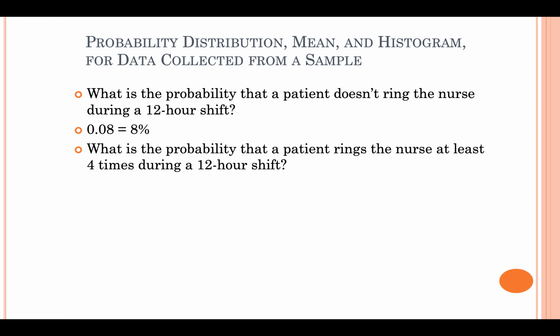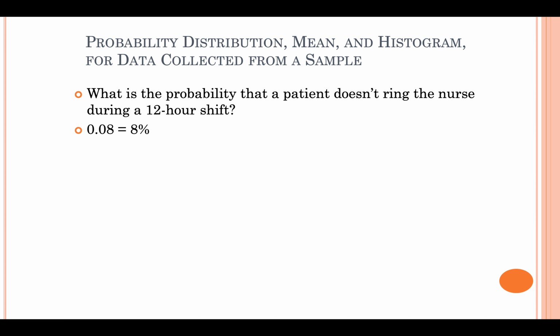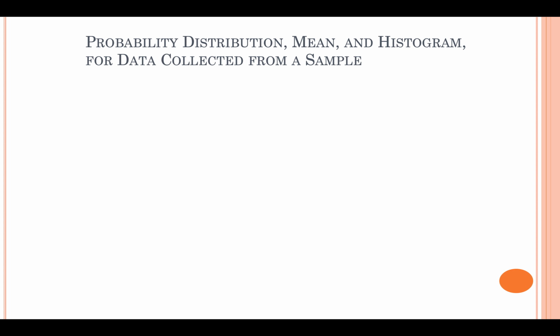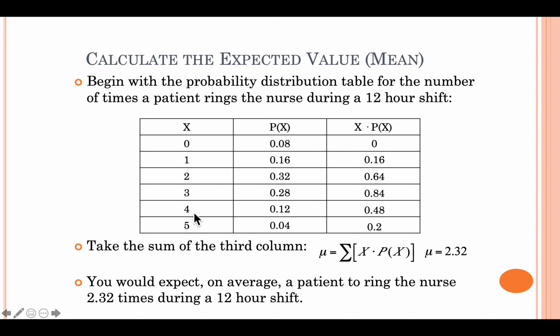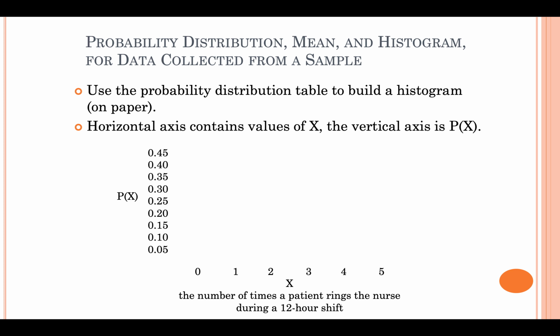The probability that a patient rings the nurse at least 4 times during a 12-hour shift. Well, at least 4 represents 4 and 5, so it's the sum of P of 4 and P of 5. So let's go back and look at what happens when we add P of 4, which is 0.12, and P of 5, which is 0.04. Adding these two probabilities, we have 0.16, or 16%.